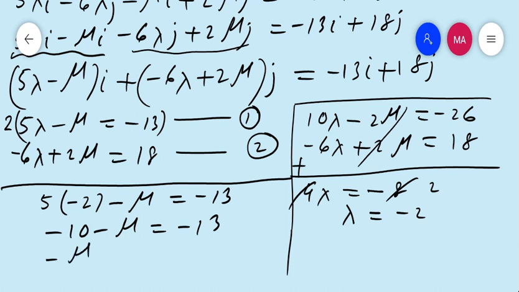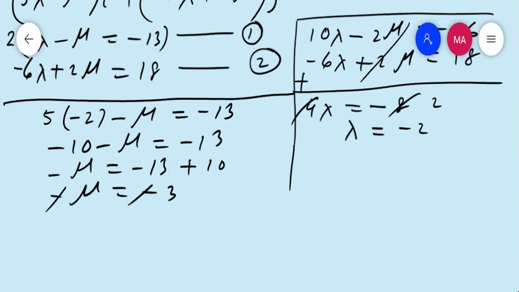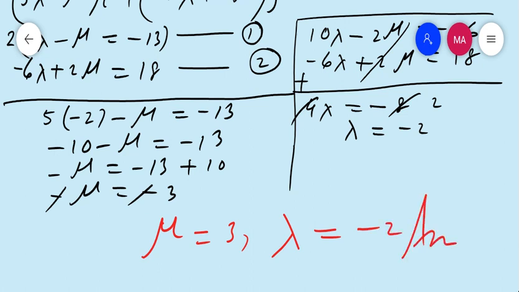So minus mu is equal to minus 13 plus 10. Minus mu is equal to minus 3, minus cancels by minus. So mu is 3. Hence our final answer is mu is 3 and lambda is minus 2. This is our final answer.